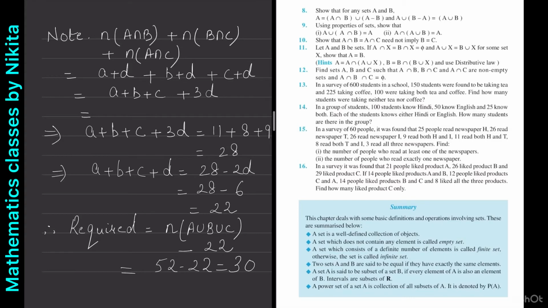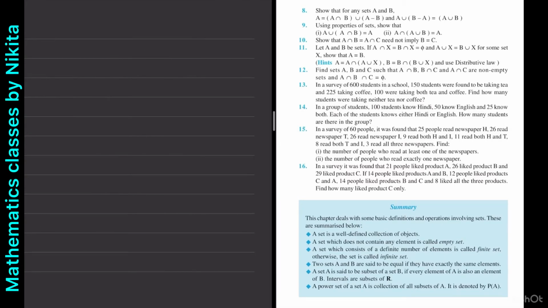So hence 30 people read exactly one of the newspaper. So you can write this last line. So hence 30 people read exactly one newspaper. Got it? Very easy.